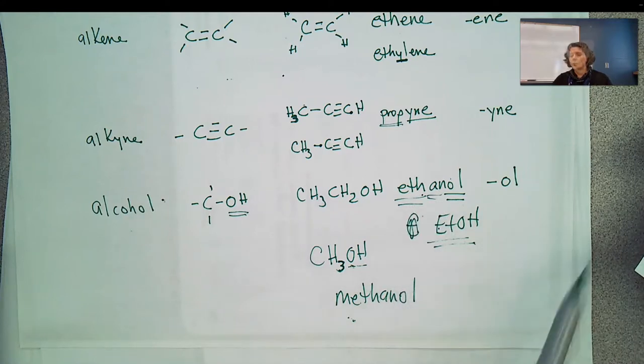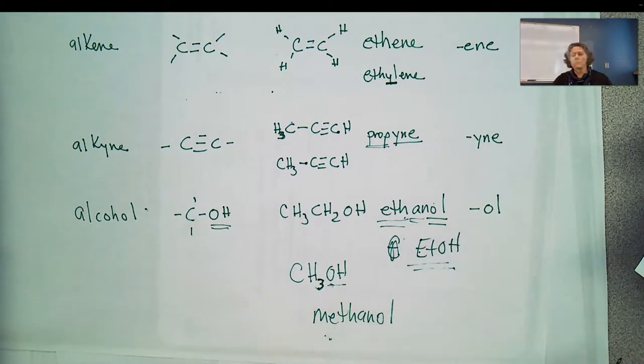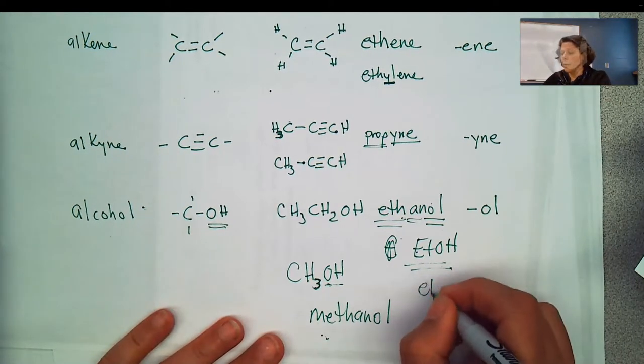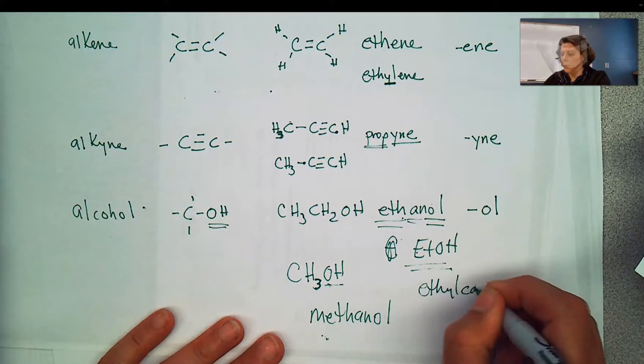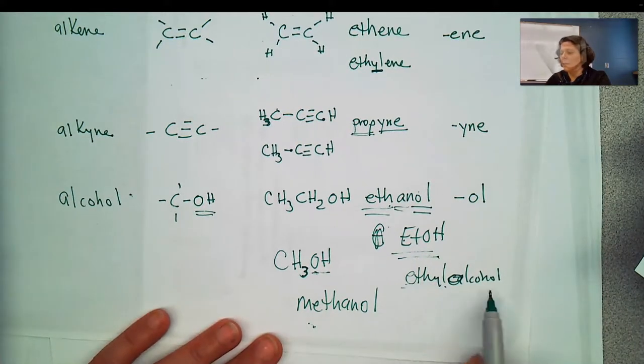We can also refer to this, just to make things even more confusing. So part of the problem with organic chemistry is that I'm teaching you guys this, but there are a million different names for this 1 compound. As I mentioned, we call it ethanol. We can also call it ethyl alcohol.